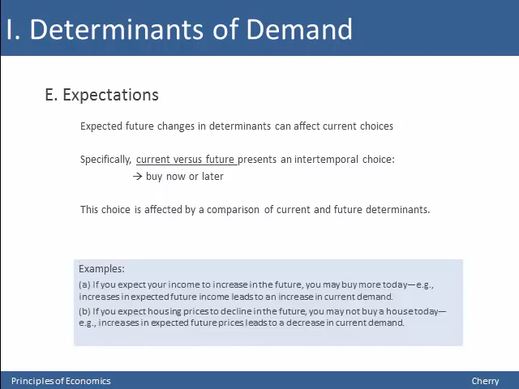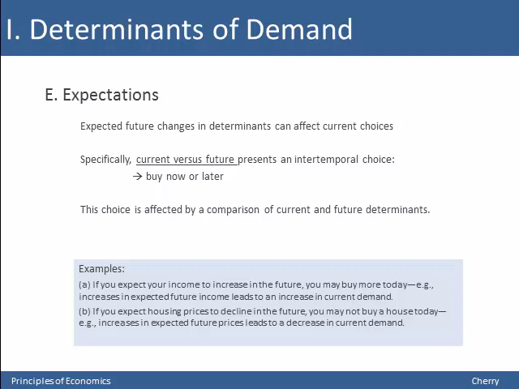And of course, there are plenty of examples you can think of, right? If you think your income is going to increase in the future, it might not be higher now, but you think it's going to increase, you might go ahead and increase your consumption and increase your demand today. Or maybe vice versa, if you think your income is going to fall in the future, you might cut back on your consumption today. And then there are other considerations as well.